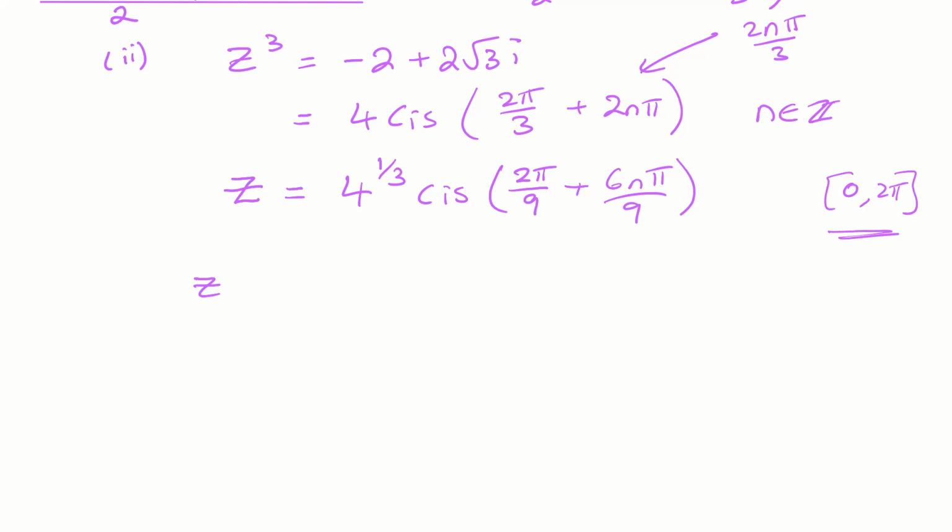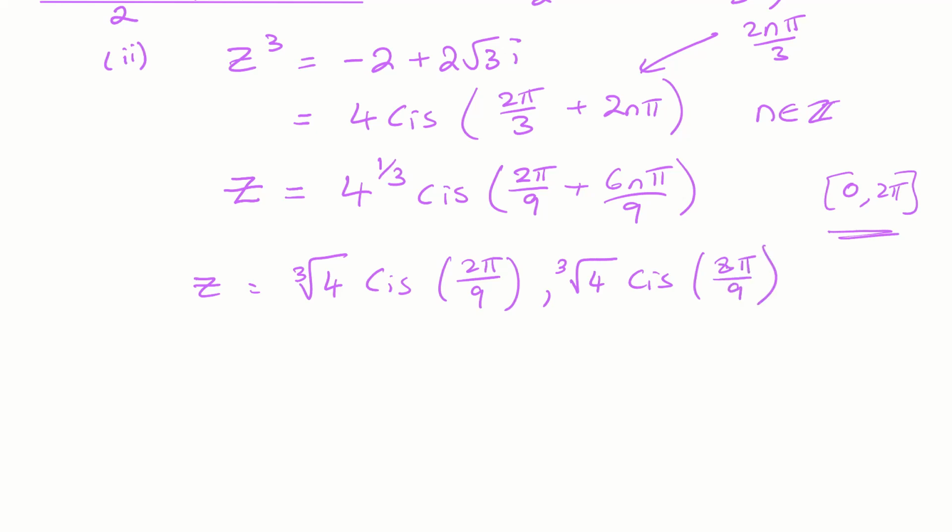And so let's say that this is the cube root of 4. And if n is equal to 0, we get cis 2 pi by 9. And with n equal to 1, we'll have 2 pi by 9 plus 6 pi by 9. So we'll have cube root of 4 cis 8 pi by 9.